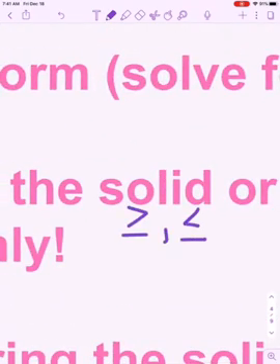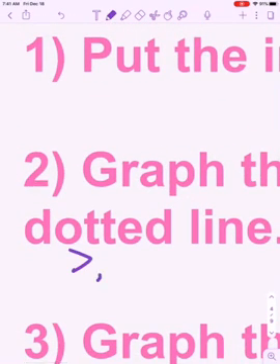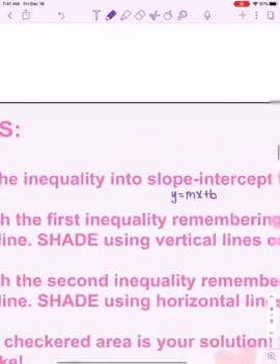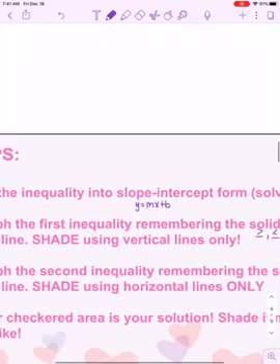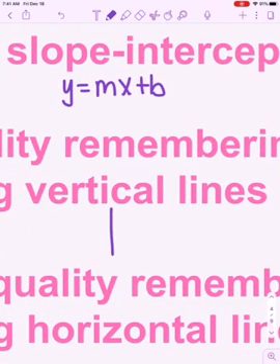Remember it's solid if you have a line underneath, so greater than or equal to or less than or equal to. Dotted if there is no line underneath. And then you're going to shade, and it says using vertical lines only. Now, I'm not super particular about that, the vertical part doesn't really matter.